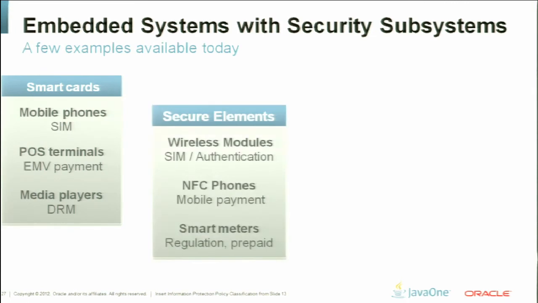And then we have what we call the embedded secure elements, in which instead of having a removable card, there is one secure microcontroller that is actually soldered onto the device. So here we have the wireless modules, so you can see for instance what Centurion has been building there, in which in most cases there is a SIM card for performing the authentications. There are also such secure elements in NFC phones that do the mobile payment, because the mobile payment is secured by a secure element.